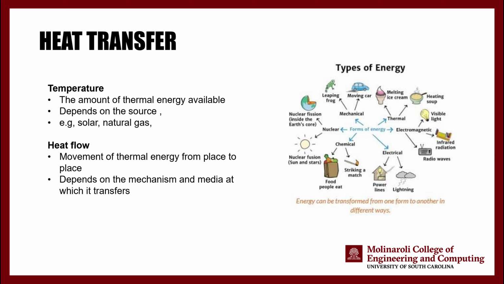The type of heat flow depends on the mechanism and the medium through which heat is being transferred. And in general, our goal in heat transfer analysis is to find the equations and relationships between the changes in temperature and the amount of heat that is being transferred from one location to another location.